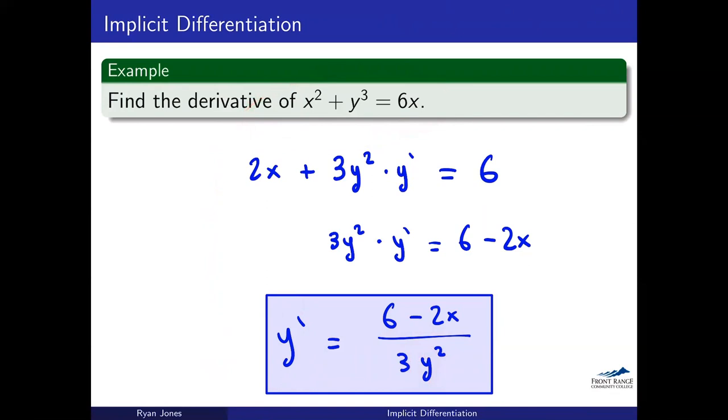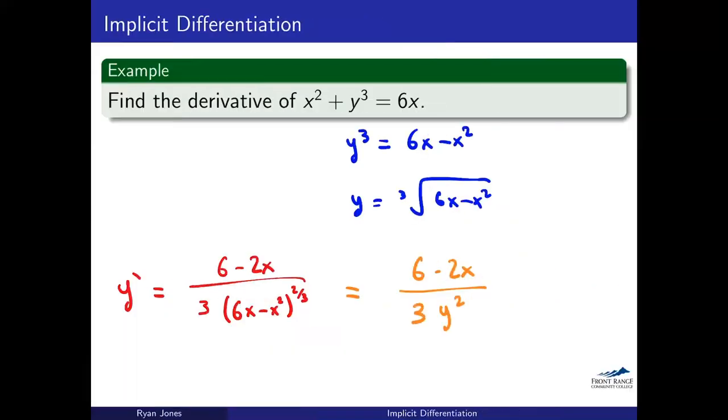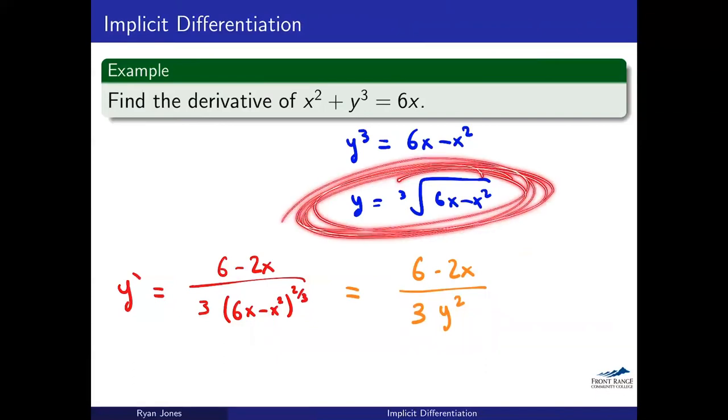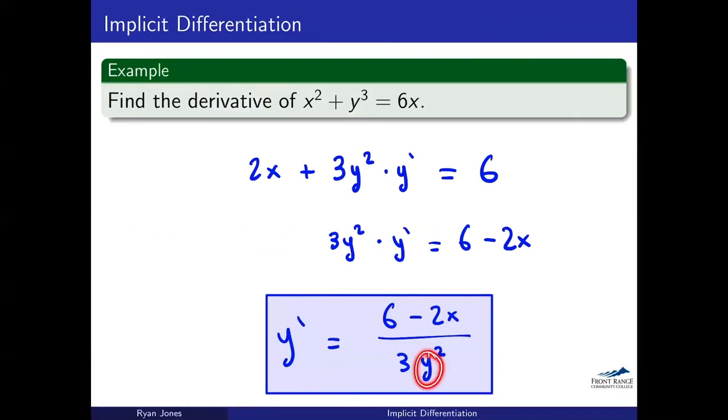Now, what you could do is take this, solve it for y, get this guy right here, and then plug it into there. That's fine. But as it stands right now, we don't even know what y is, and we're writing our derivative in terms of it. That can be bad for obvious reasons. If you don't know what y is, then we don't know what the derivative is yet. That's a big downfall to implicit differentiation.